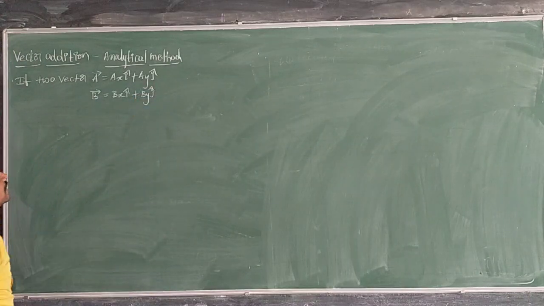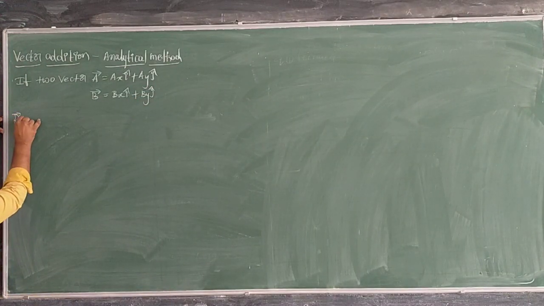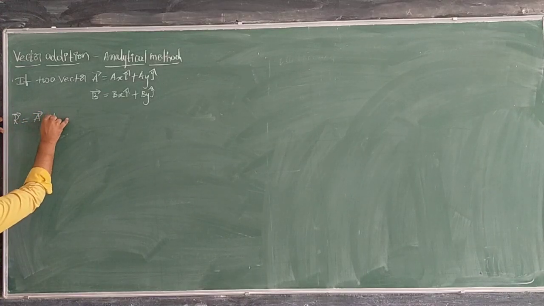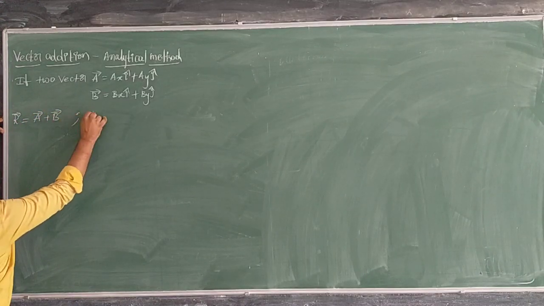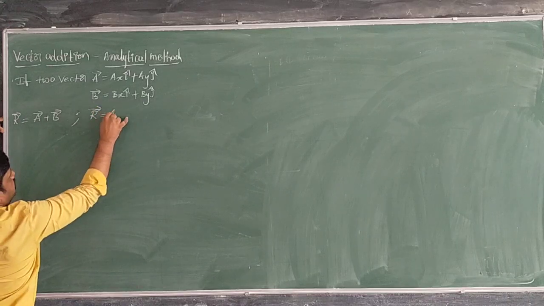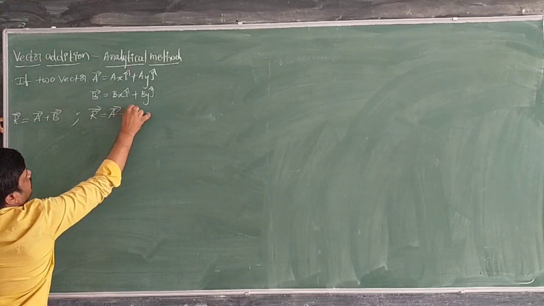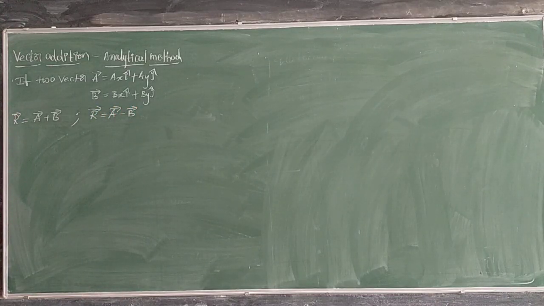How to add the two vectors? R bar is equal to A bar plus B bar, otherwise R bar is equal to A bar minus B bar. How to add and how to subtract the two vectors?